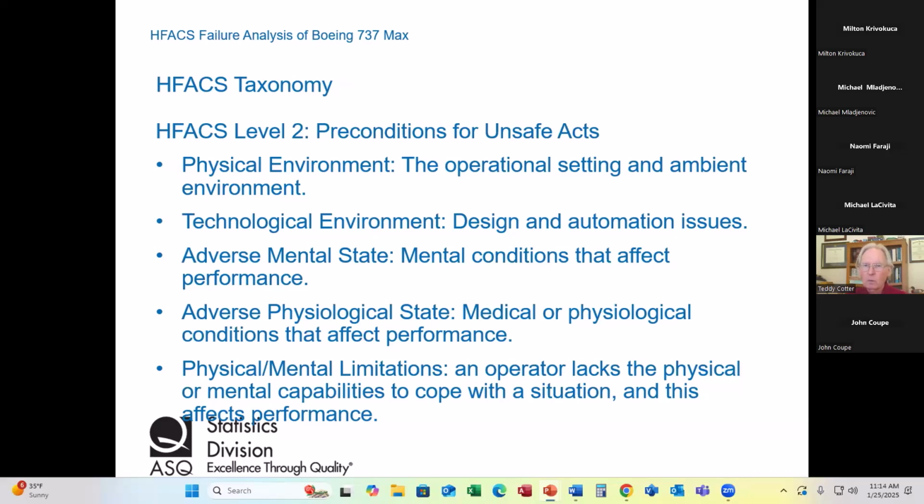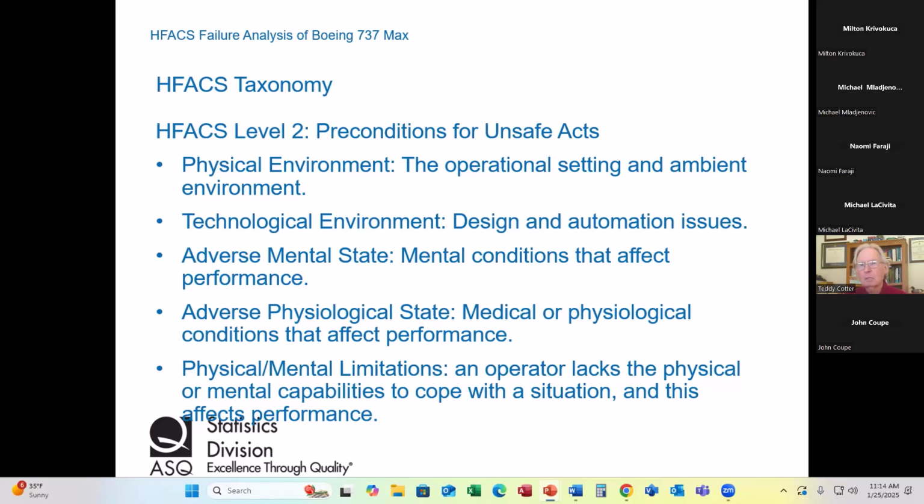Same thing for unsafe acts or failure modes. Technological environment. This is getting over to the design and automation issues. And the technological environment will become even more important as the Industry 4.0 smart cyber-technical socio-technical solutions or entities are integrated into the organization.